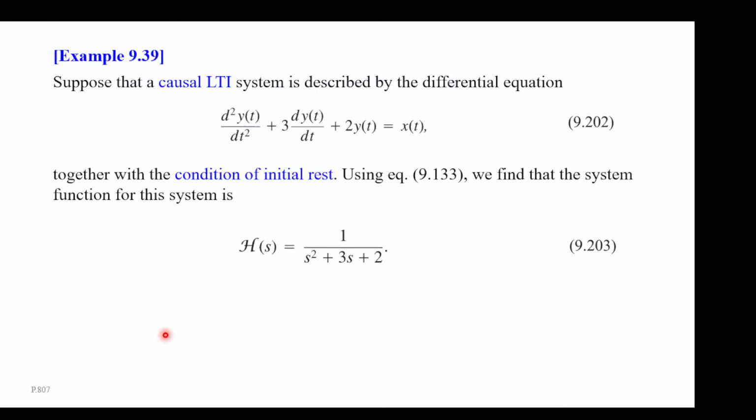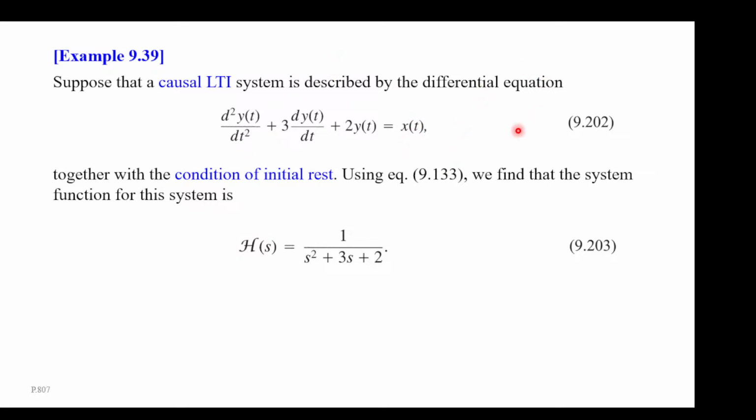Okay, and there's another example. That's a system described by a differential equation. So we have this differential equation: d squared y of t over dt squared plus 3 dy dt plus 2 y of t equals x of t.